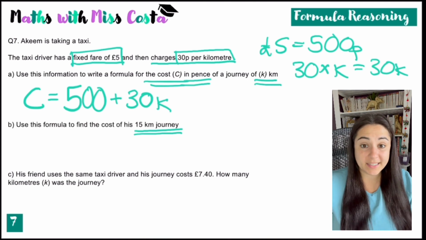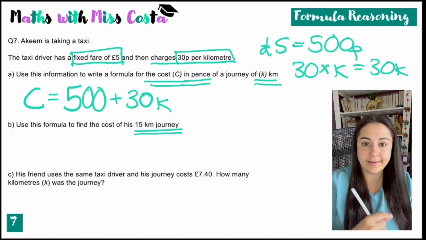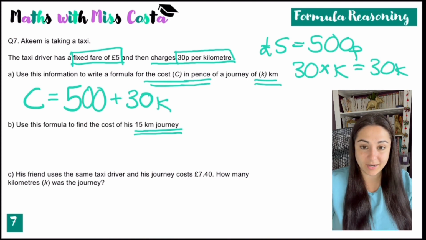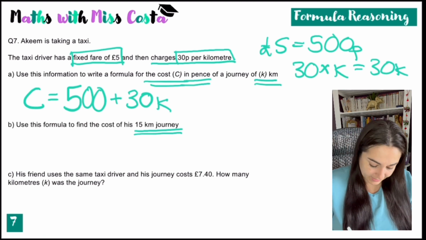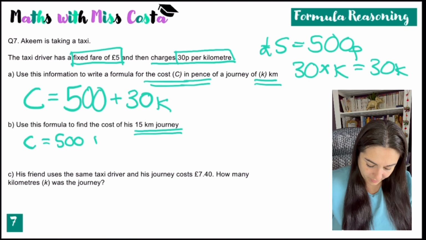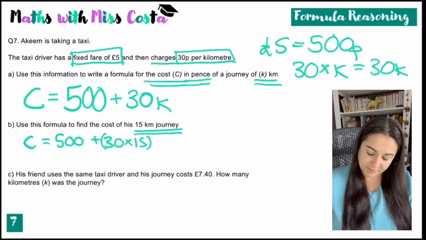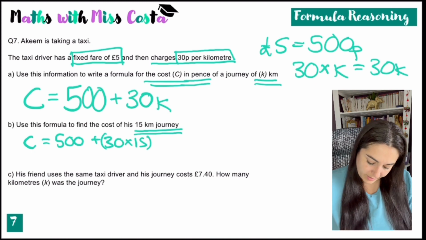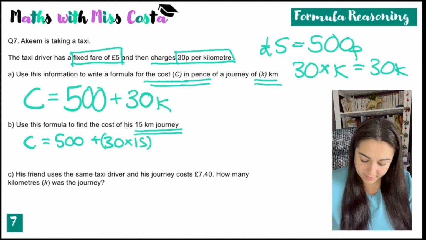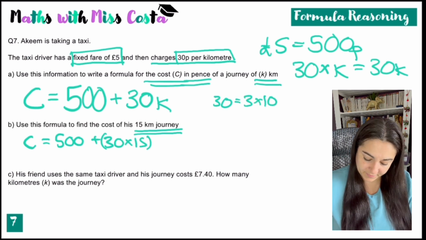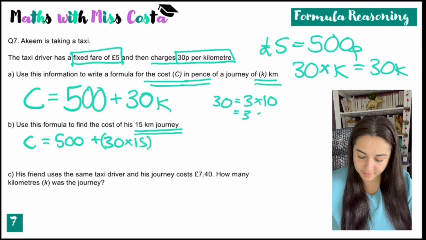Now I need to use this formula to find the cost of his 15-kilometre journey. So what I need to do is substitute 15 into the variable that represents kilometres, which is k. So C is 500 plus 30 times 15. Now, how can I do 30 times 15? Well, there's a few ways, but for the non-calculator, you could say 30 is the same as 3 times 10. So 30 times 15 would be 3 times 10 times 15.